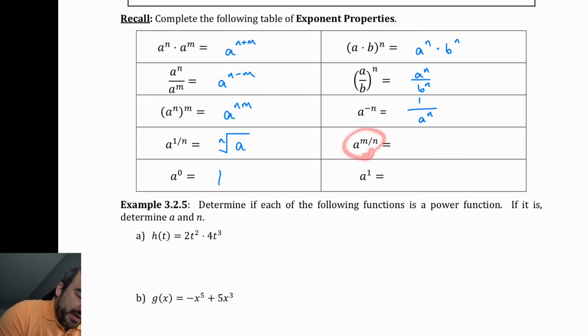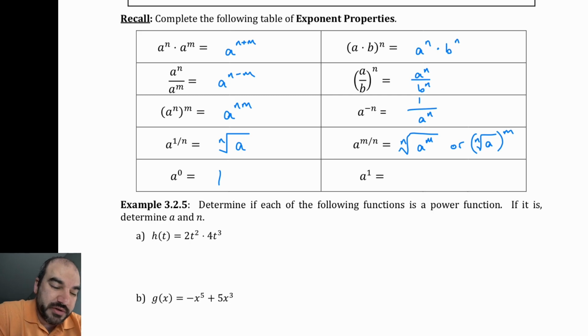This fraction one is similar to the one on the left side where we have a to the 1 over n, except the numerator will be an exponent and the denominator will be the index of the radical. So we still have a radical in this case with the index n, but we have a to the m. The m is the exponent. Or we can do the radical with the index n, so the nth root of a, and then have the exponent on the outside.